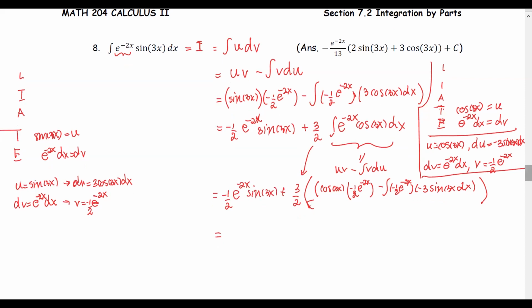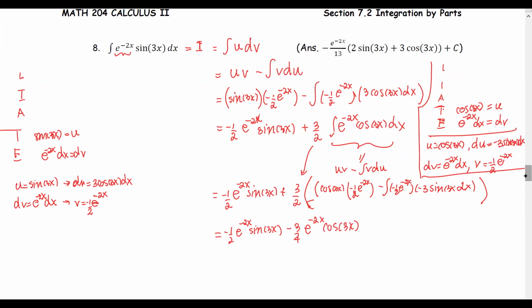And then simplify by multiplying 3 over 2 into all terms in the parentheses. Negative 1/2 e to the negative 2x sine of 3x. 3/2 times negative 1/2 becomes negative 3 over 4 e to the negative 2x multiplied by cosine of 3x.